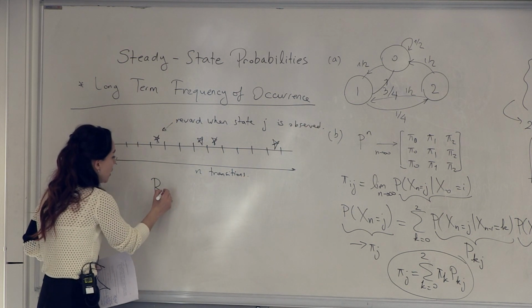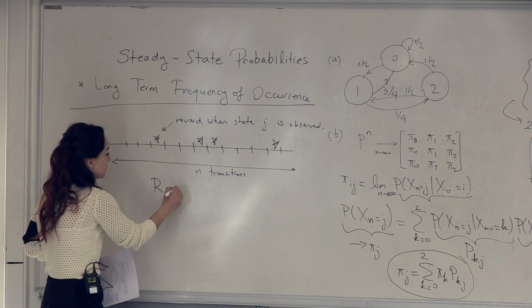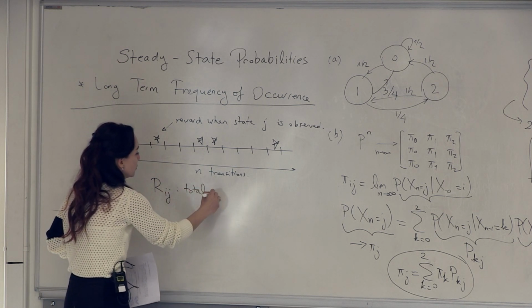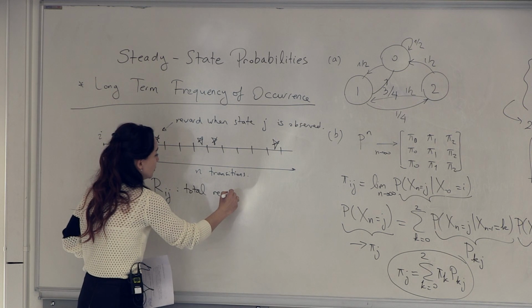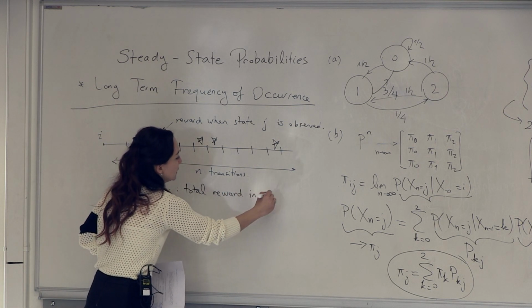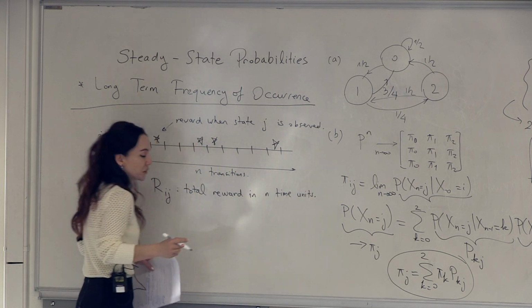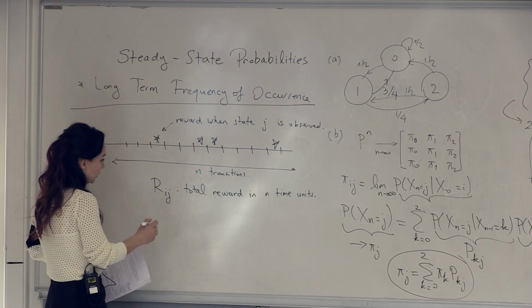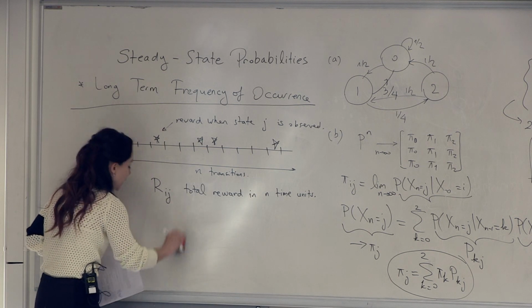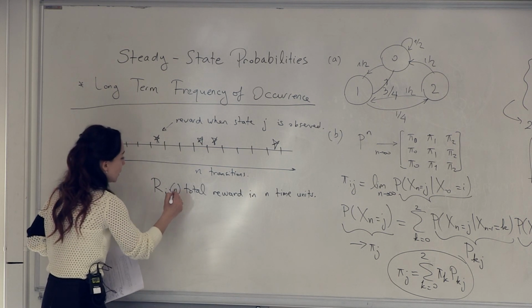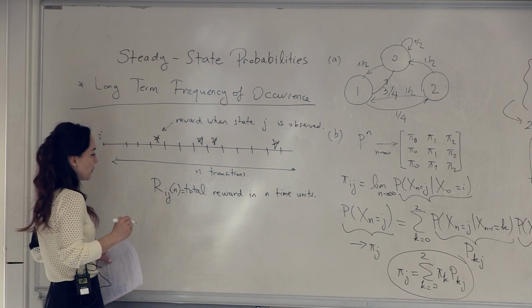Suppose R i j is the total reward in n time units or n transitions. And of course, it is going to be a function of n. So let me write it this way.